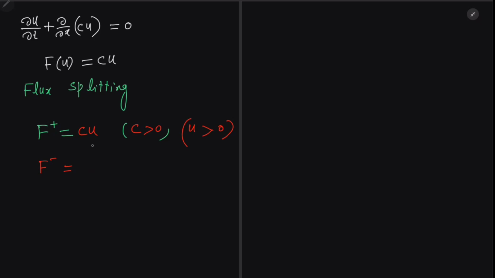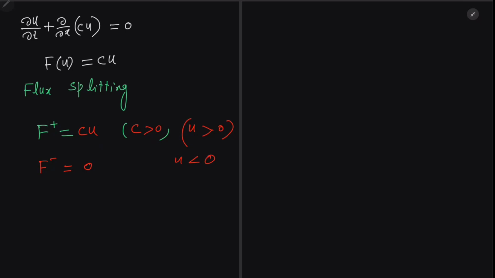Then we have f plus is equal to cu, and when u is probably less than 0 and c is greater than 0, then we have F negative equal to 0. That is the flux vector splitting.